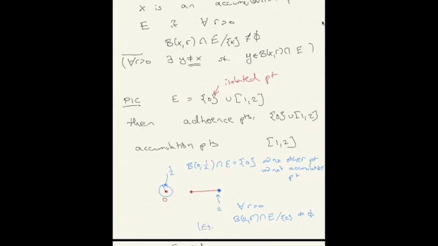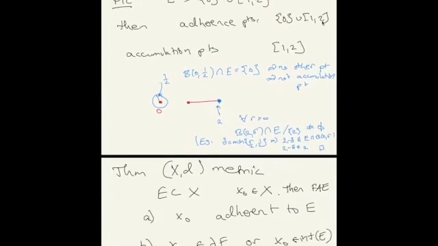For example, we could take a delta equal to the minimum of r/2 and 1/2, and then 2 minus delta would be in E intersect B(2, r), but 2 minus delta would not be equal to 2. So that would be the proof of this case.